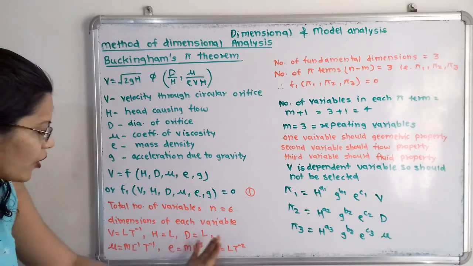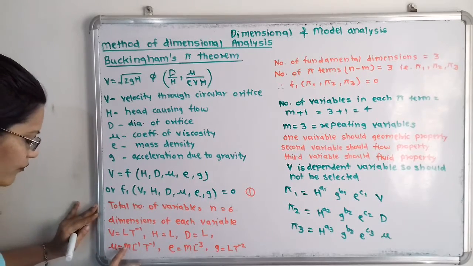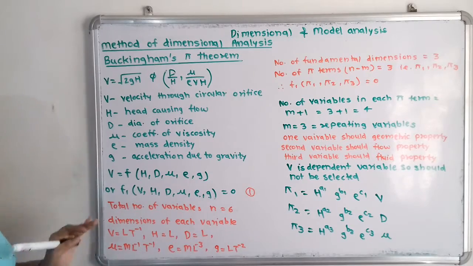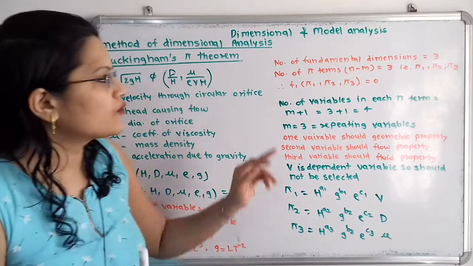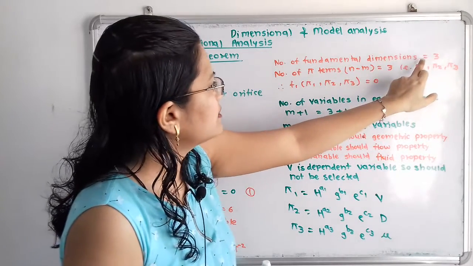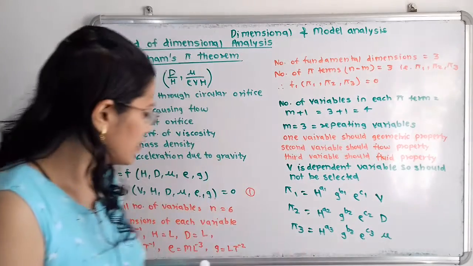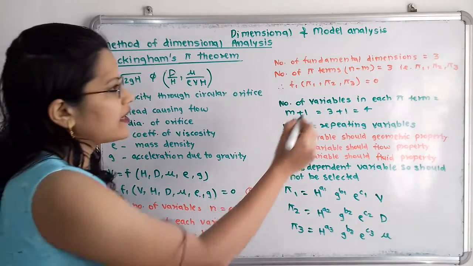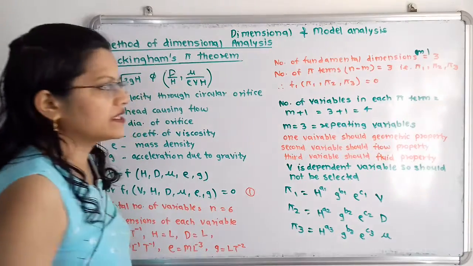Now if we observe, these dimensions are in the form of M, L, T. That means the number of fundamental dimensions, m, is equal to 3. So here the number of variables is n, and the fundamental dimensions we write as m, m is equal to 3.